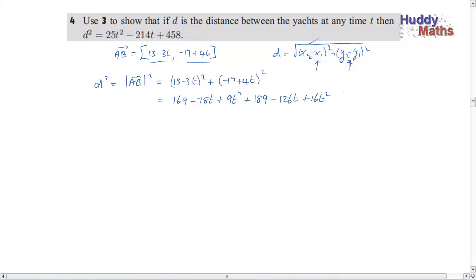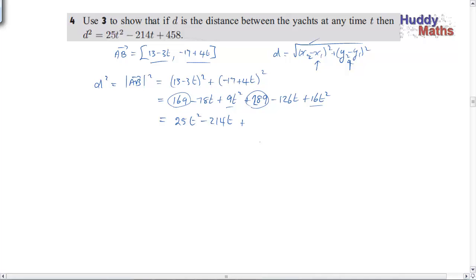And let's have a go now at doing it. Okay, hang on, I was playing around with you, and it should be 289. Okay, so here we are. So what we've got here is 9t squared plus 16t squared is 25t squared, and then neg 78t, and here neg 126t is neg 214t, and then we've got 169 and 289 is 458.